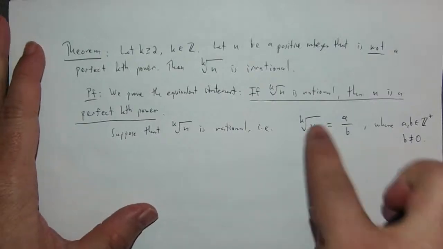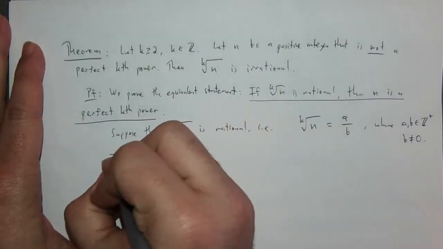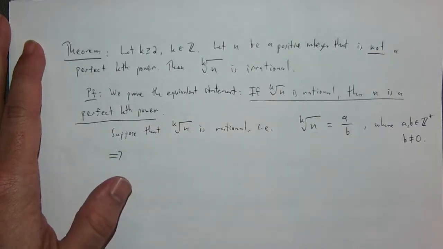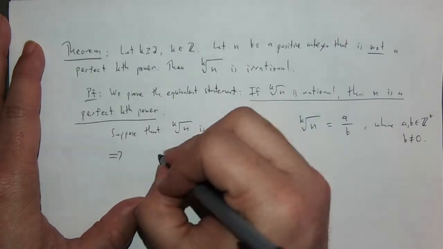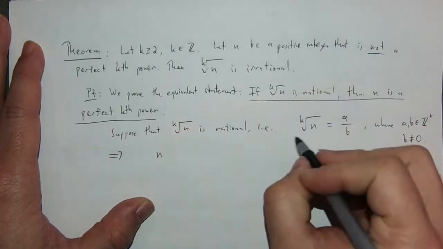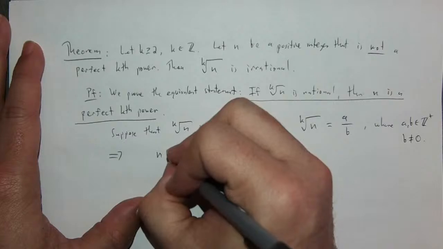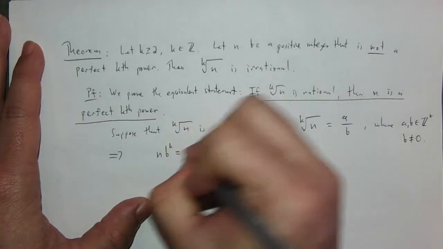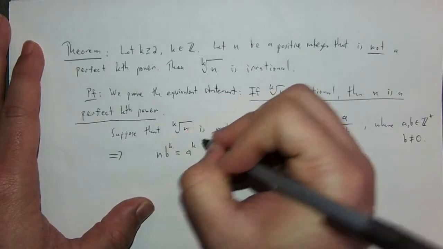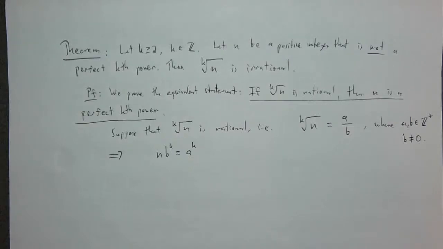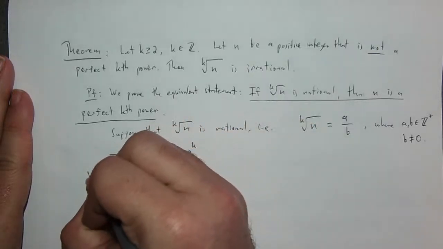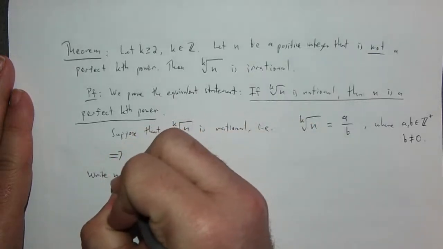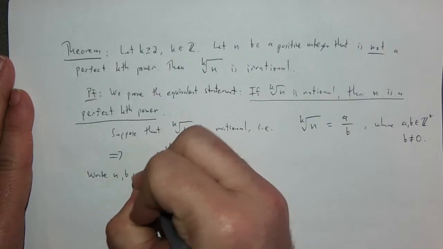So, doing that, similar to my proof that the square root of 2 is irrational, if I raise both sides to the kth power, what do I get here? I get n times, after I've multiplied, b to the k is equal to a to the k. Well, write n and b using their prime factorization.